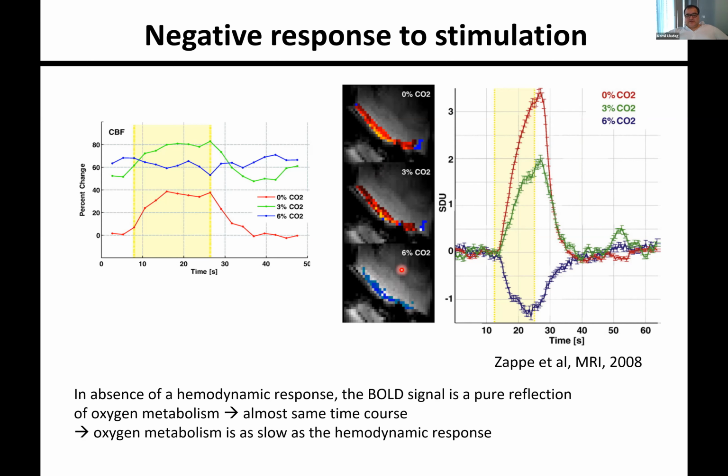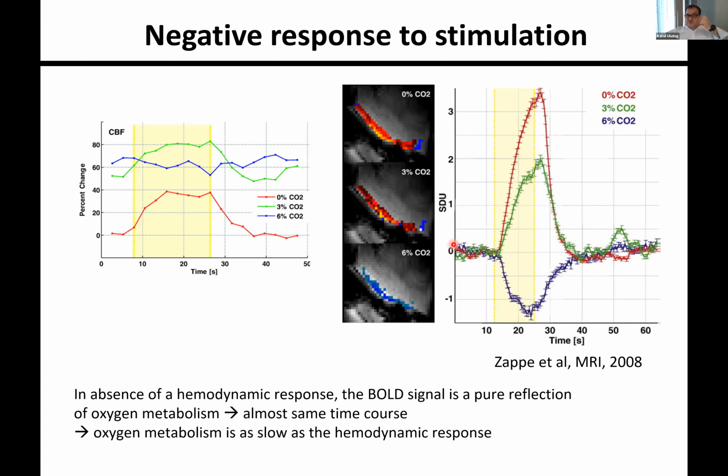And blue means decrease in signal. And the reason why we're measuring negative BOLD is, I told you that the BOLD signal reflects blood flow, blood volume, and oxygen metabolism. And at 6% CO2, we don't have any change in flow and volume, which means the BOLD signal reflects just oxygen metabolism for 6% CO2.